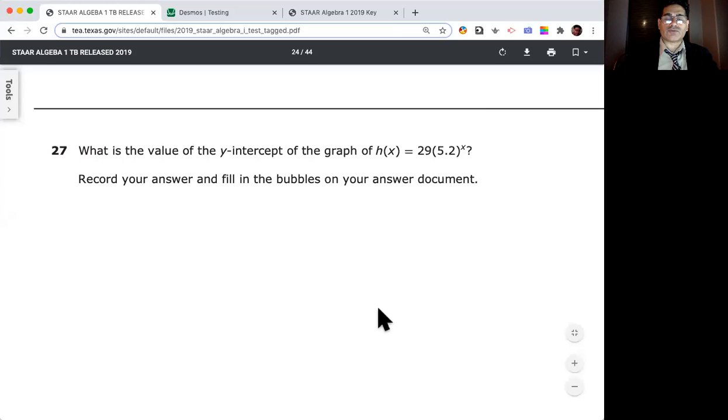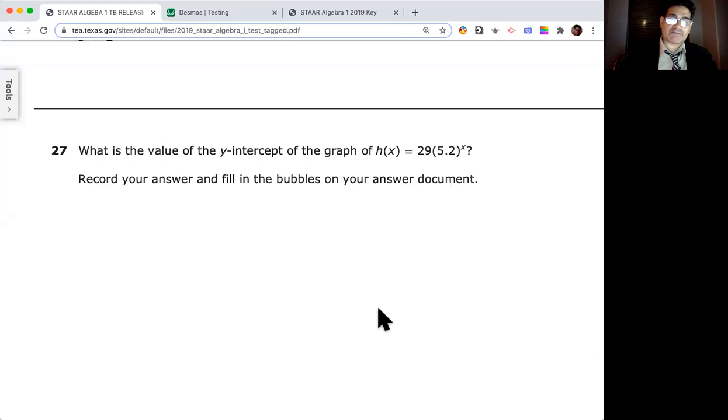What is the value of the y-intercept of the graph? We have a graph of h of x equals 29 multiplied by 5.2 to the x. No choices. Okay, let's try to graph that. Let's copy it. Copy up until there.